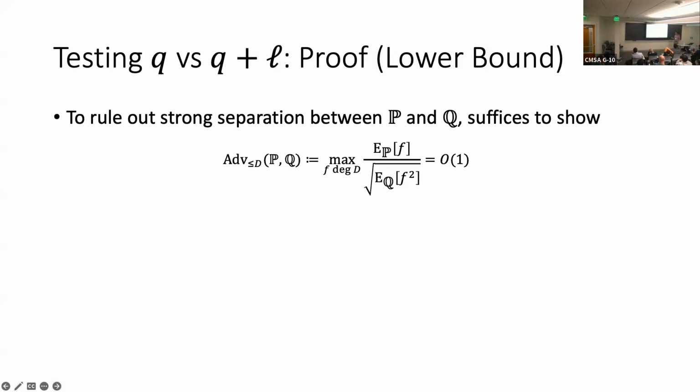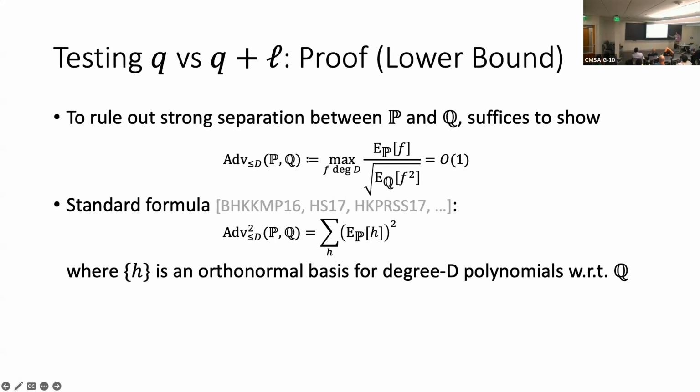I won't go through the proof, but it's simple that it suffices to show that this quantity is bounded. This quantity is the maximum over all polynomials, because we want to think about the best one, of what's its expectation under one distribution as compared to its fluctuations under the other. For intuition, you maybe think of F as being centered around 0 in Q.